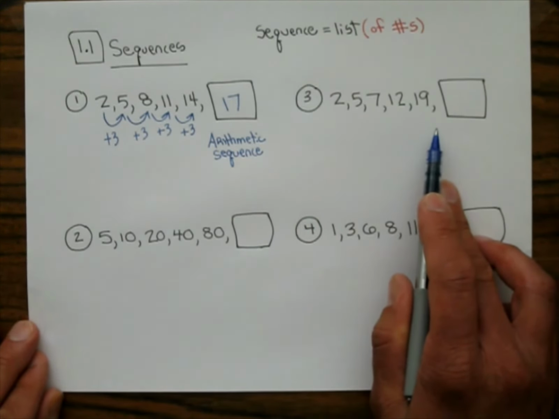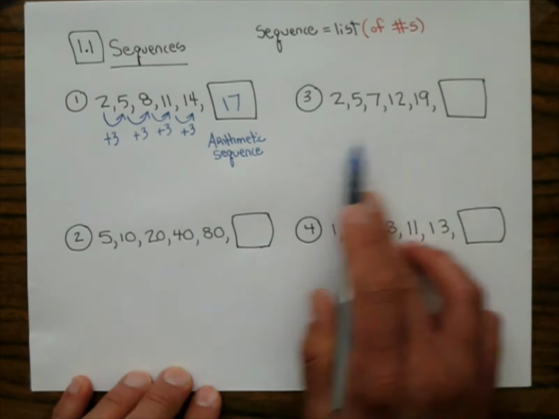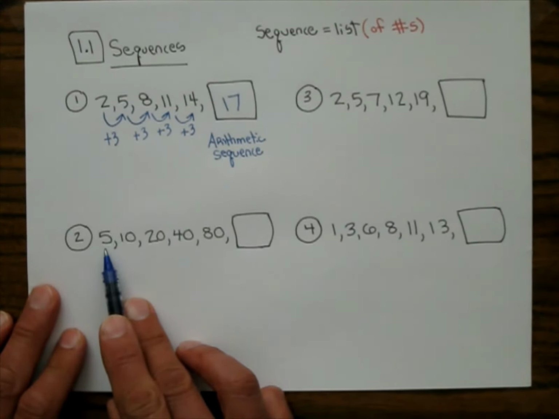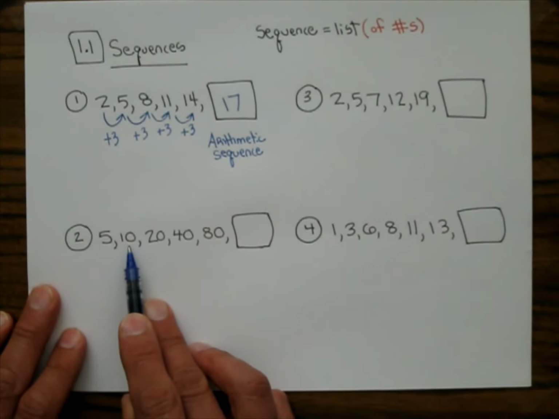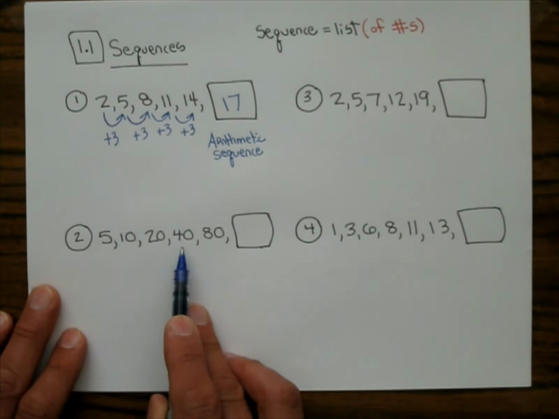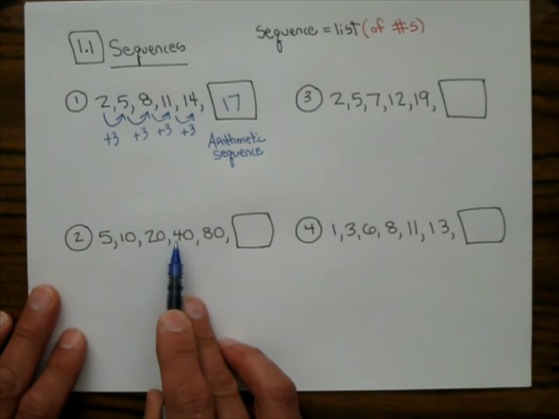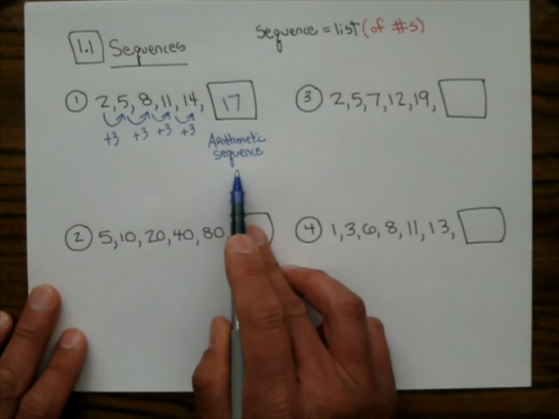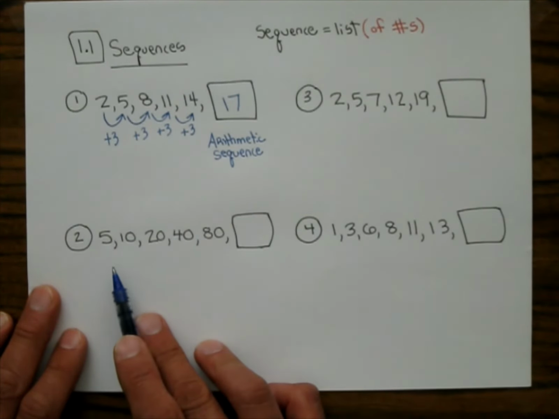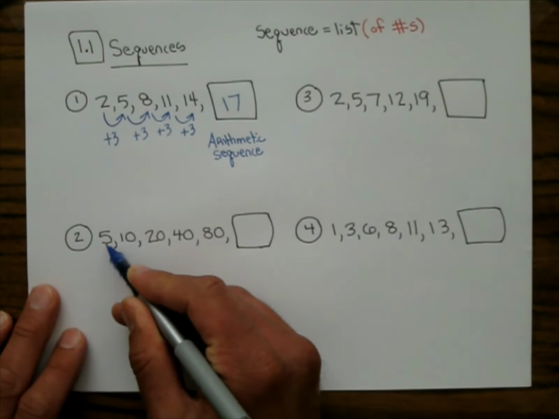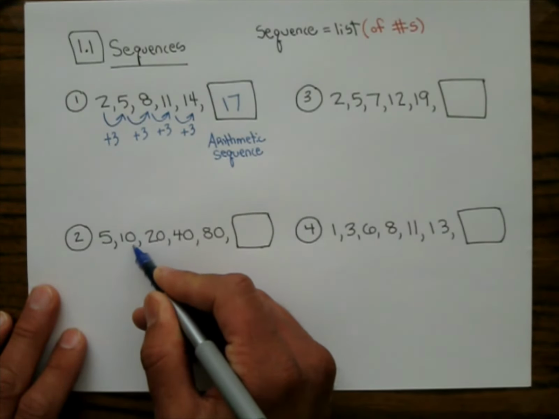Let's go down here. This is problem number 2. Let's look at the gaps. I add 5, and then I add 10, and I add 20, so I'm not adding the same number. So I know that we're probably not going to have an arithmetic sequence. If you looked at this long enough, you might see that if you double 5, you get 10.